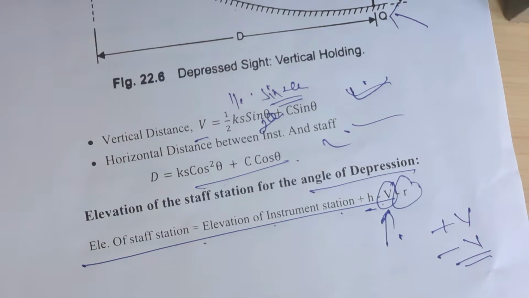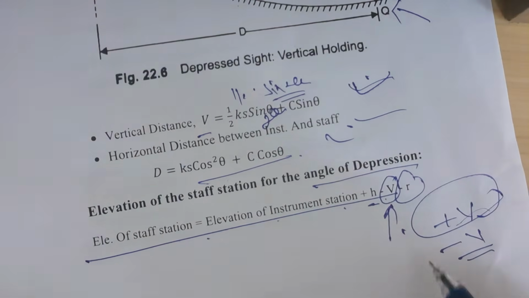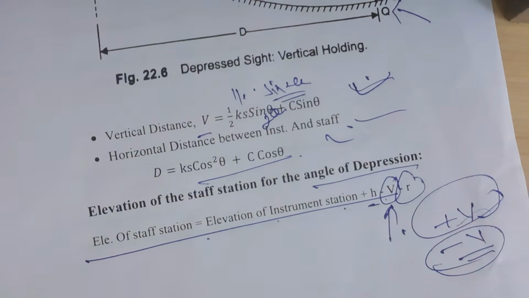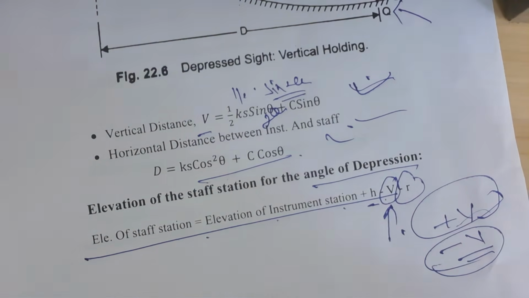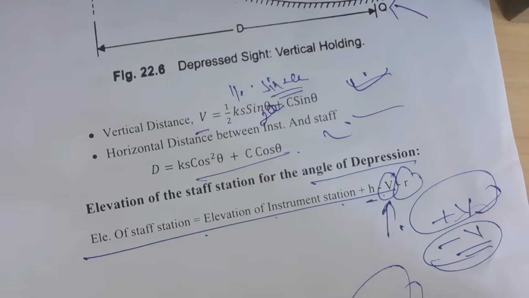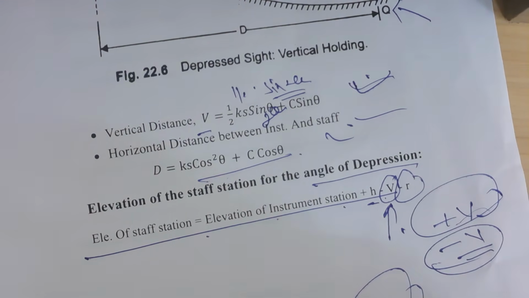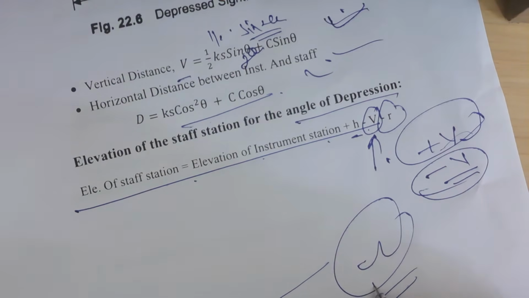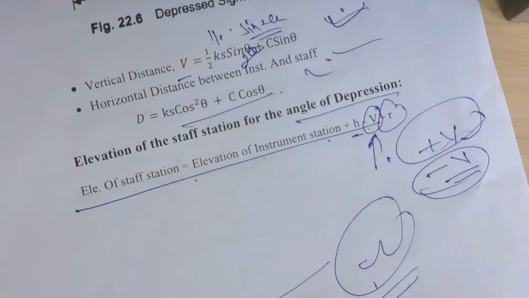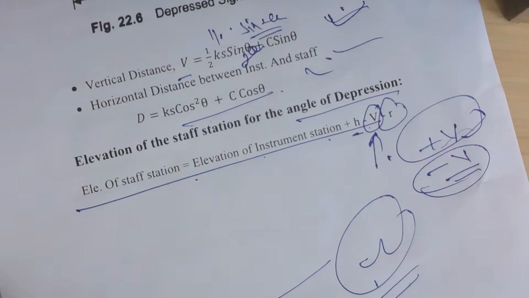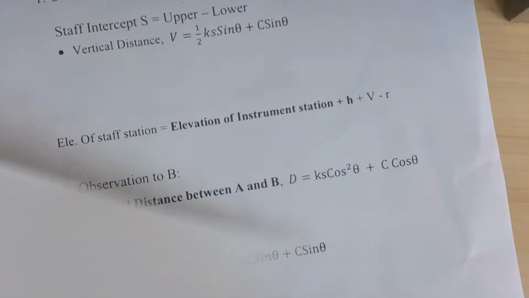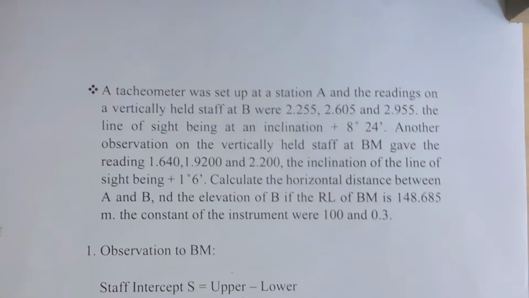If we have an elevation angle, we add the vertical height. If we have a depression angle, we are going to deduct the vertical height. And always remember, the R value is always deducted, whether we have a positive angle or a negative angle, meaning depression or elevation.